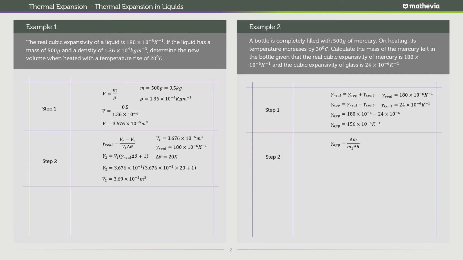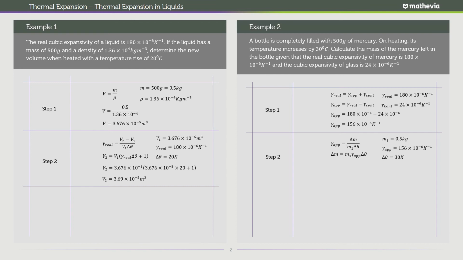So we have delta M equals M1 times apparent expansivity times delta theta, and we have our M1 as 0.5 kg, expansivity as 156 times 10 to the power of minus 6 per Kelvin, and change in temperature as 30 Kelvin.